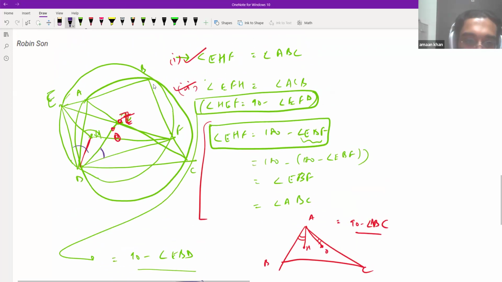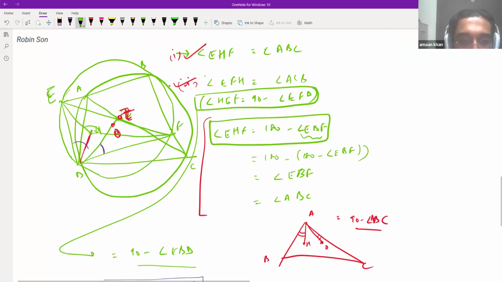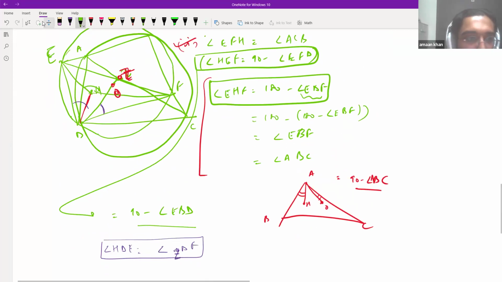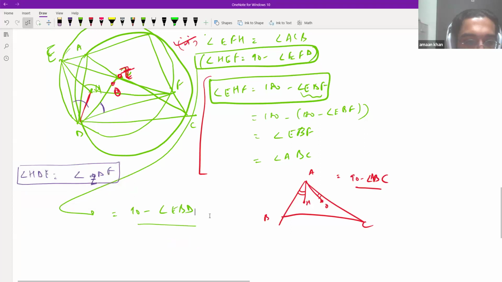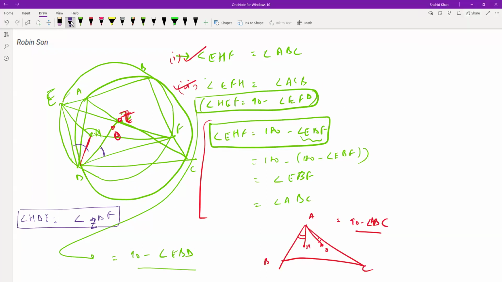Also, again, what could you possibly think is cyclic here? And what might help? I'm guessing that EHFA seems cyclic.